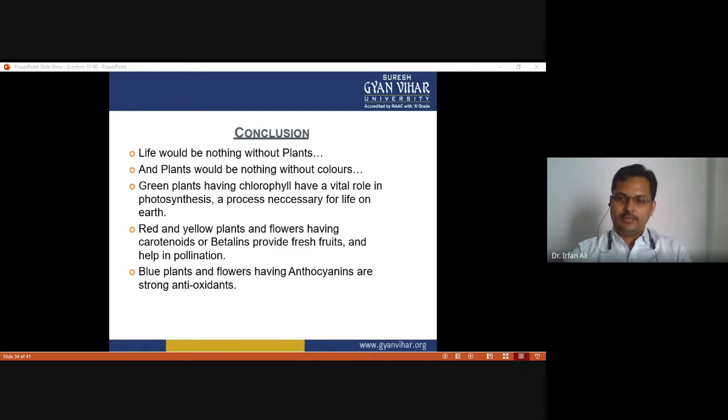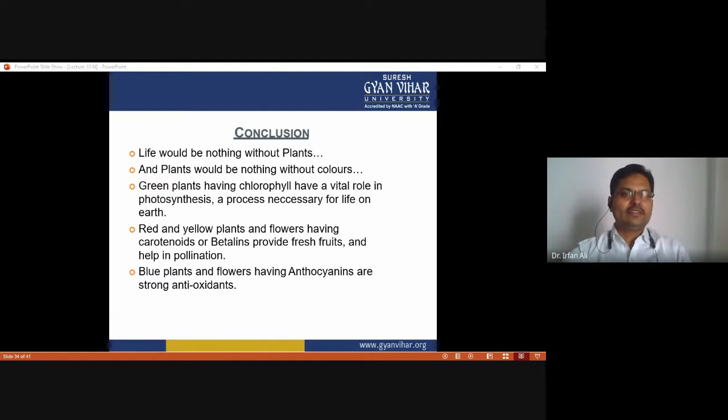Due to this special function, plants have a very important role in sustaining the ecosystem, and the energy which consumers obtain comes only from light energy that can be absorbed by plants or autotrophs. That's why life would be nothing without plants. This statement is very true.